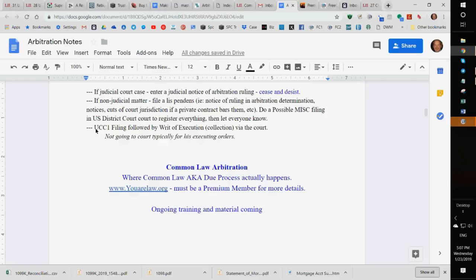Now people have used UCC filings, filed liens, and done writs of execution, all this stuff. But if you don't have this in place and attached to it, the UCC-1, to place the lien, then you could run into problems with that. But with this, nobody can dispute it because it's already been contractually decided essentially by the court. It's been recognized by the court.